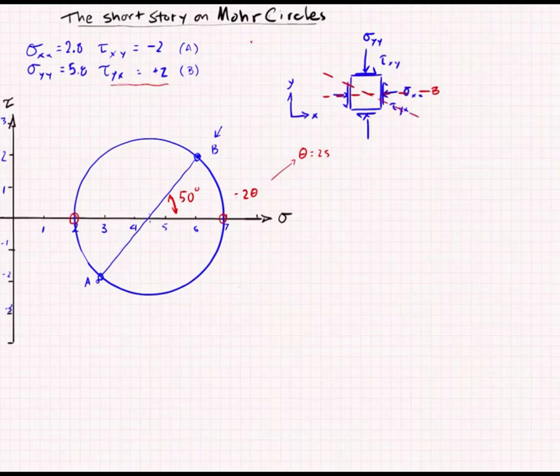All right, so this is the orientation of the principal stress sigma equals 7. So I'm going to call that sigma max.